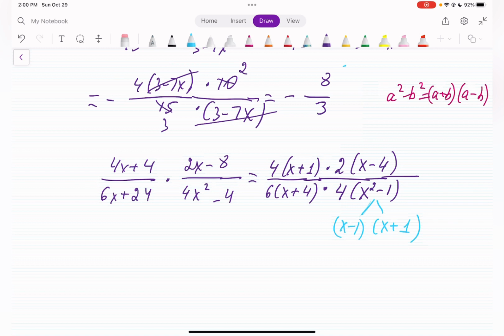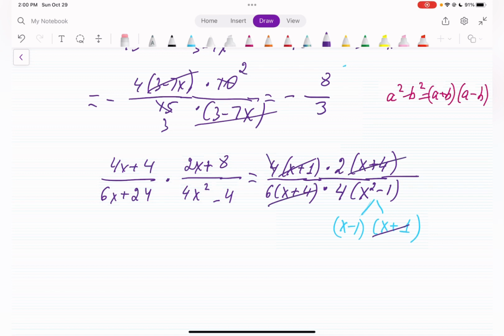Which means x plus 1, I'm canceling here with x plus 1. And, oh, this is plus, sorry, this is plus here, 2x plus 8, which is also x plus 4. I checked the original problem because I'm looking at x plus 4, x minus 4, how most likely it should cancel. So here, x plus 4, we cancel.